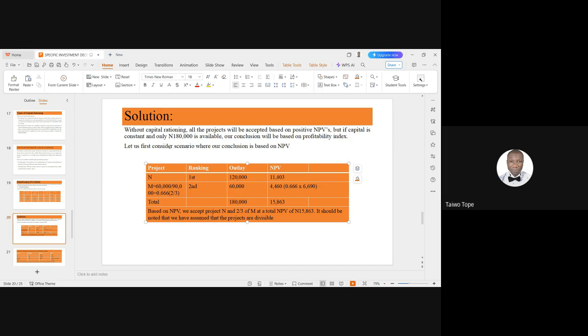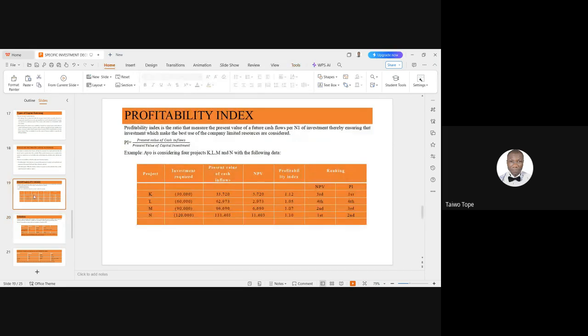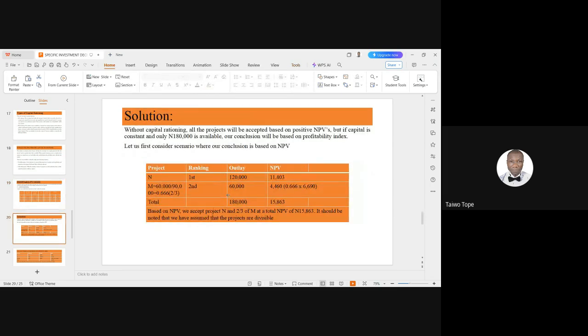So for us to exhaust the whole of 180, 60,000 will be used to finance part of project M. So the NPV will now be 0.666 multiplied by the value of NPV here, to give us the portion of NPV that is due to the organization based on the fact that they are investing 60,000 in this project.